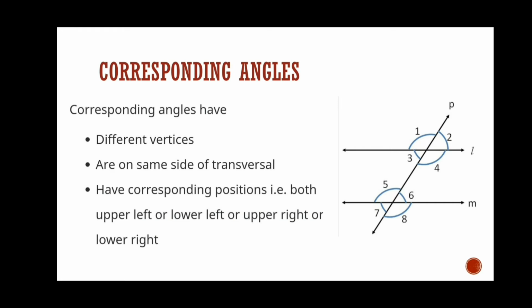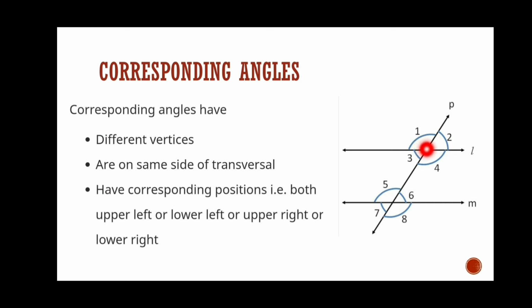Corresponding angles first have different vertices. Different vertices means, suppose angle 1 has this vertex, this point. Here you can see 3 more angles sharing the same vertex. So we cannot call these angles a corresponding angle to 1.